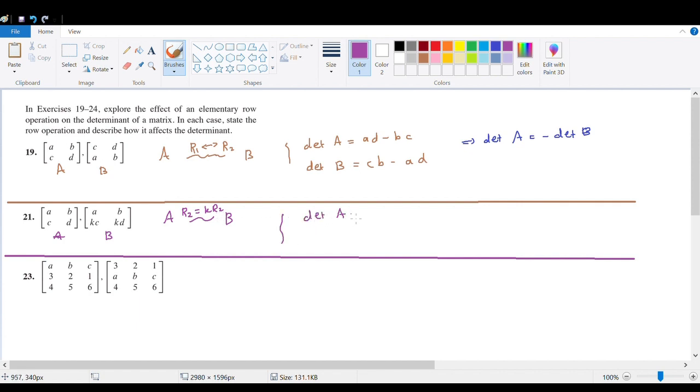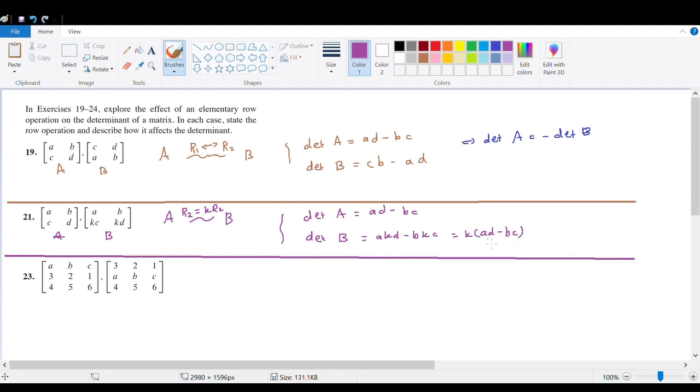Determinant of A is equal to AD minus BC, and determinant of B is equal to AKD minus BKC, which is equal to K(AD minus BC), if we take K as a common factor.